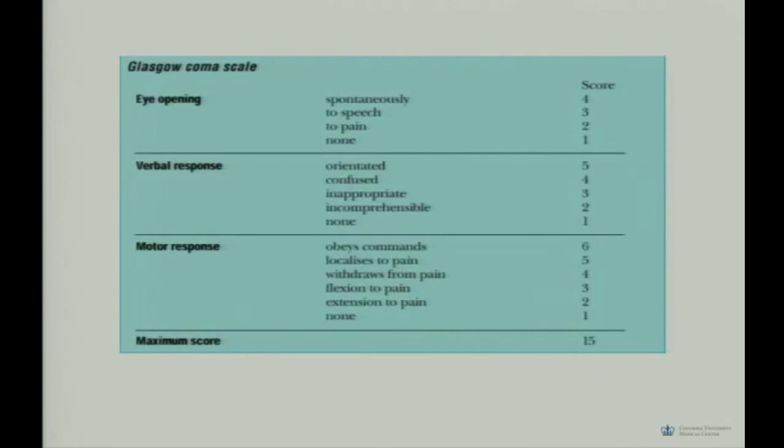Or they can extend out in response to pain, or just be in an extended position. Flexing to pain or being flexed is better than being extended. Okay? But basically both of those represent some pretty severe damage to the brain. Okay? But extension is much worse than flexion.